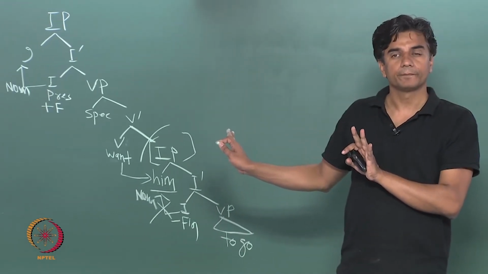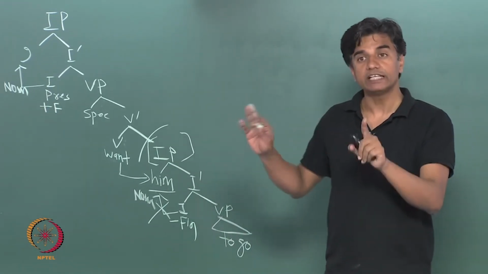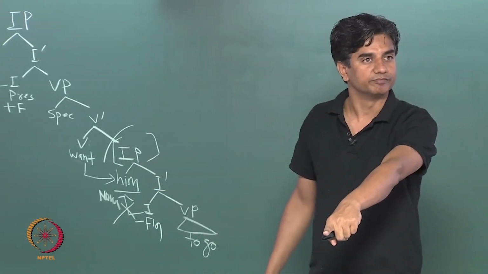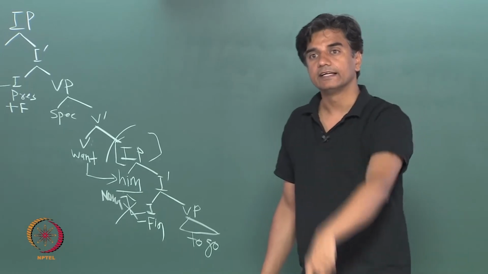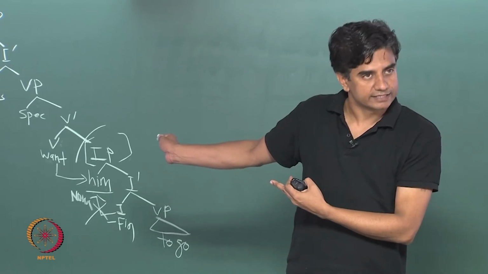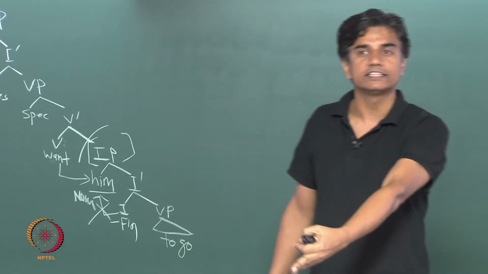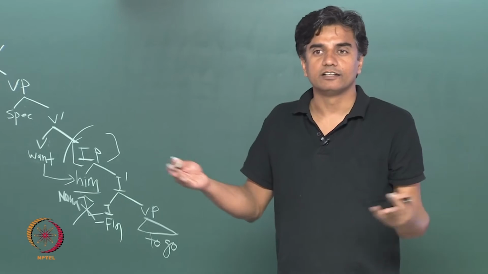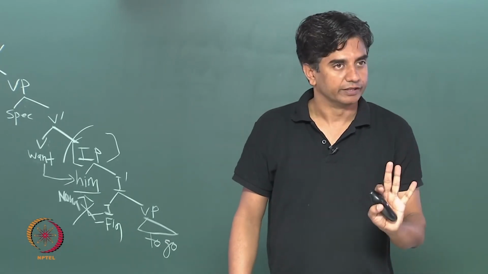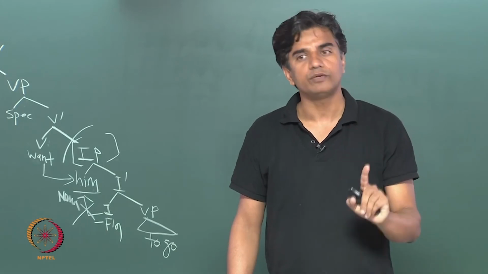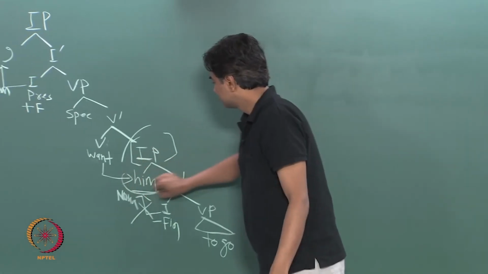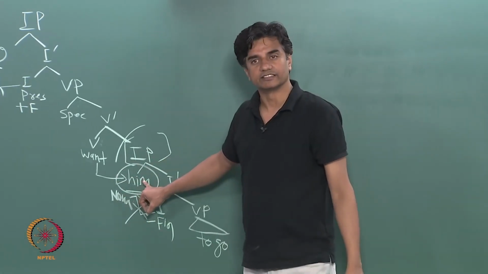So we say, if we are not making any change to this notion of government, but if we still say that this type of sentence ends up violating this definition, and still V happens to assign accusative case to the NP. The reason why we need to say that is because we need to explain the accusative case on this.